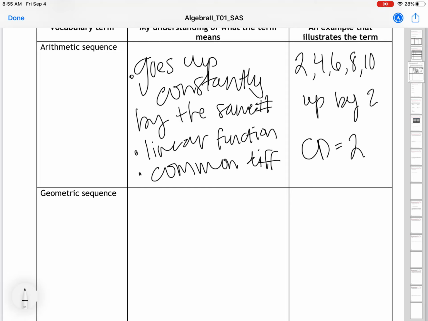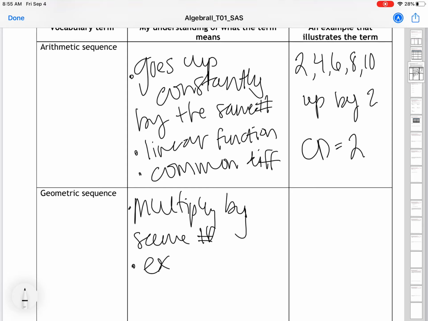All right. Next, geometric. Instead of being added the same thing every time, we're going to multiply by the same number. It goes with an exponential function, and it has a common ratio.